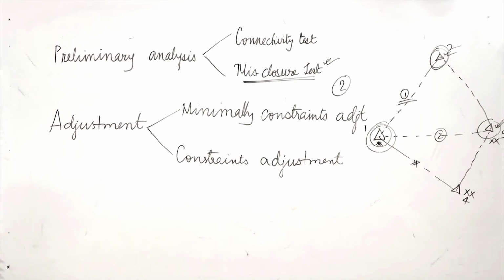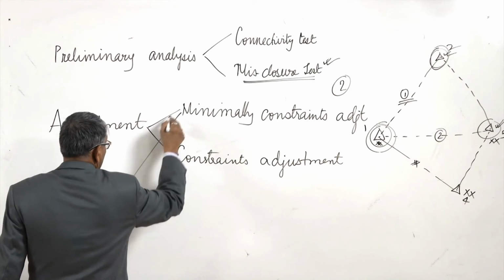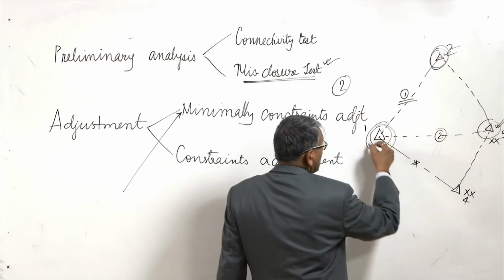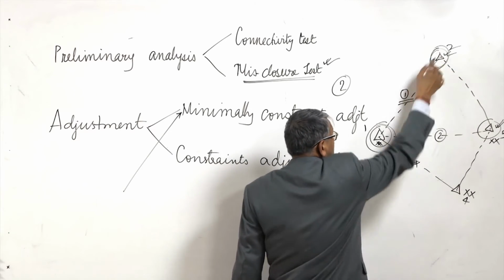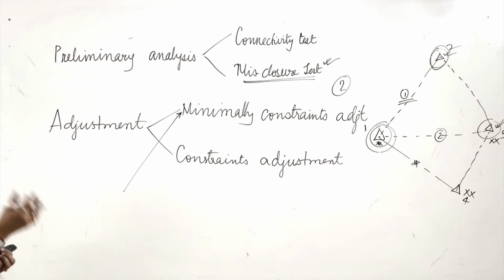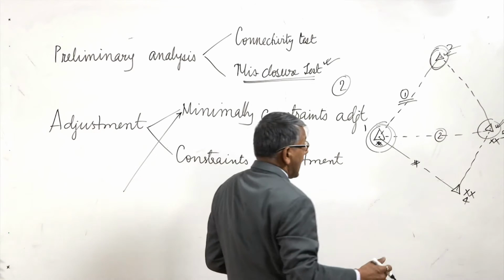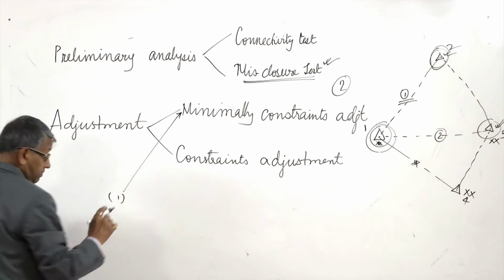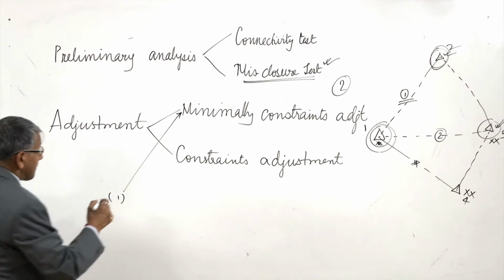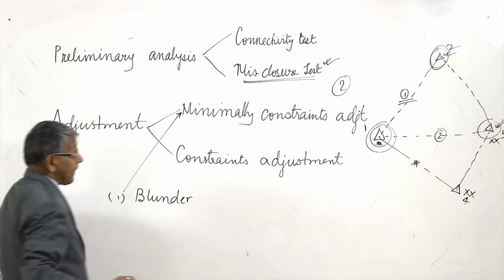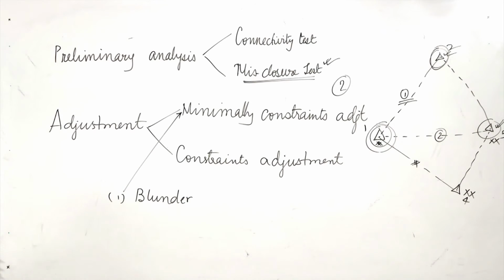Now in minimally constrained adjustment, the coordinate of any one of these stations is considered to be fixed, and then we find out the coordinates of the others, and in doing that first we should go for the blunder test, to find out whether any blunder is present in the observables or not.